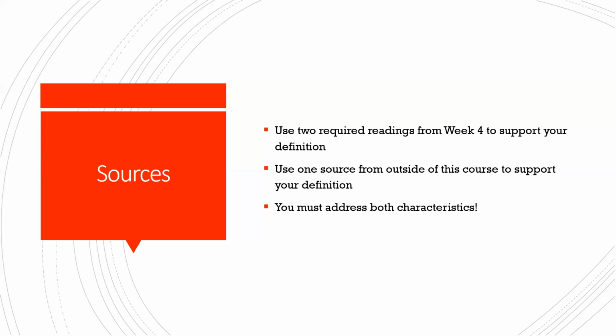Or what characteristic of appraisal do they relate to? And then maybe that can help you decide what your definition is going to be. So there are a few different ways that you can use the highlighted portions from the readings to either find support for characteristics that you already have, or think about characteristics that you might want to address in your paper.